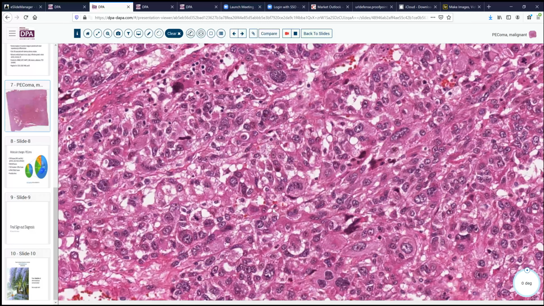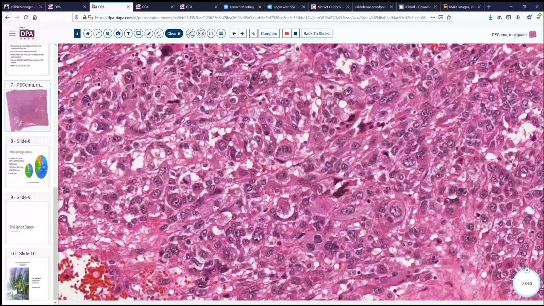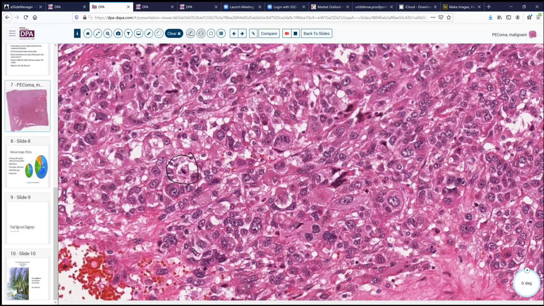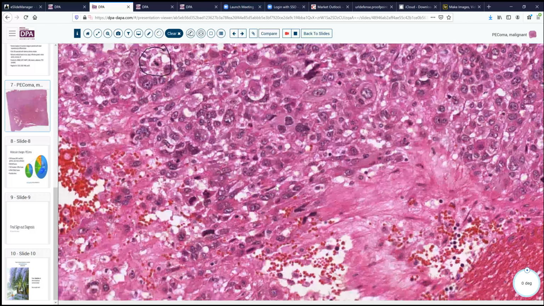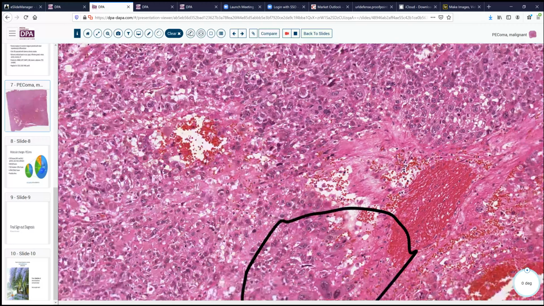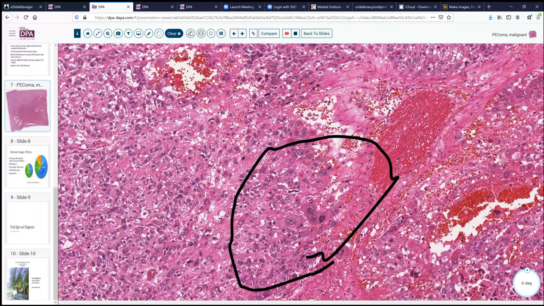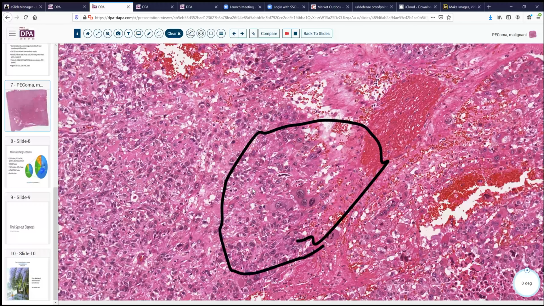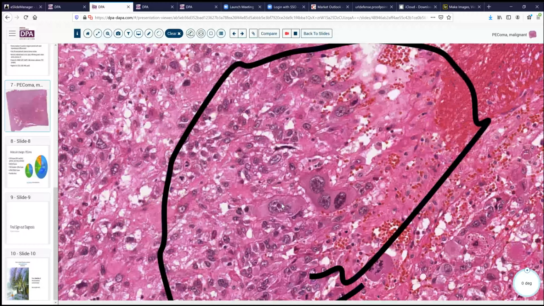As we look around a bit, we see some horseshoe-shaped cells, some binucleate cells, and here we see a little mitotic figure, which is an important finding because certainly increased mitotic figures in these lesions can be a harbinger of more malignant aggressive behavior.